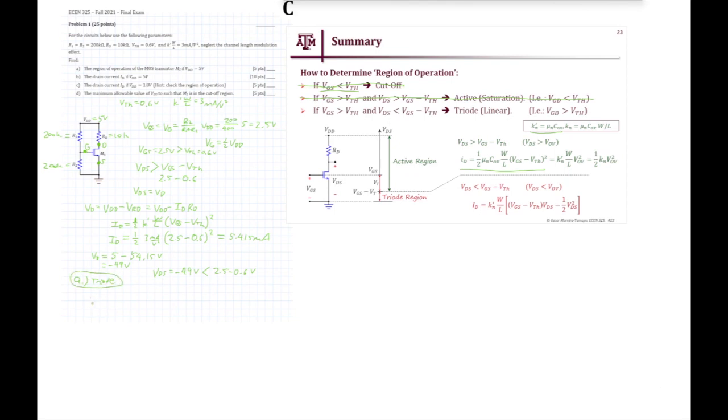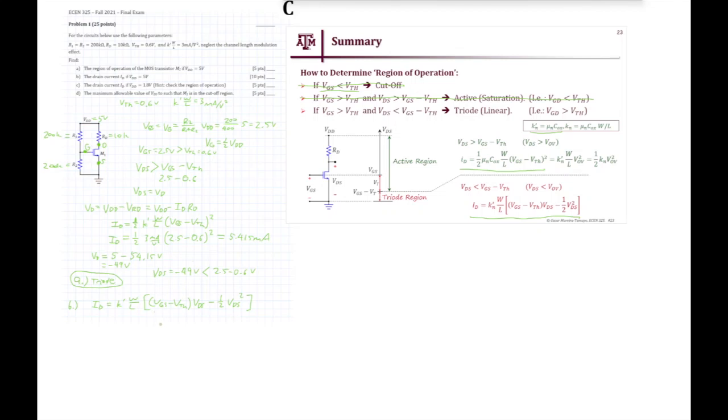Okay, let's take a look at part B, which asks, find the drain current ID if VDD is 5 volts. Since we are in the triode region, we have to use this current equation now, which is ID is equal to K prime W divided by L of VGS minus VTH times VDS minus 1 over 2 VDS squared.